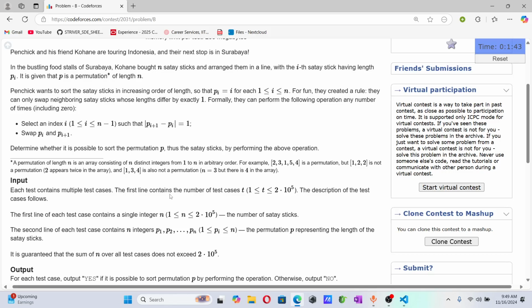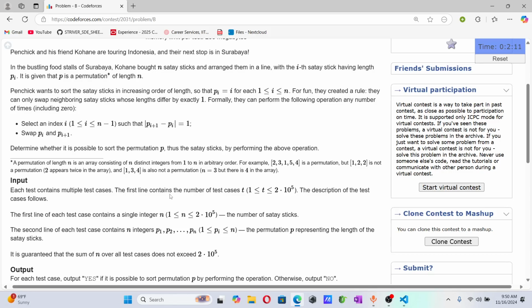Oh wait, there is another thing. You can only swap one if the adjacent element is two, right?